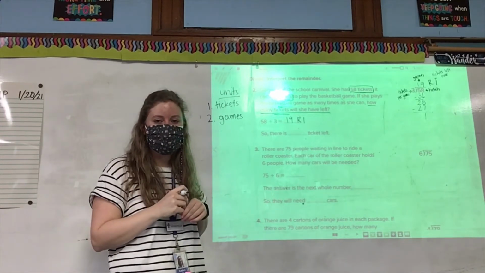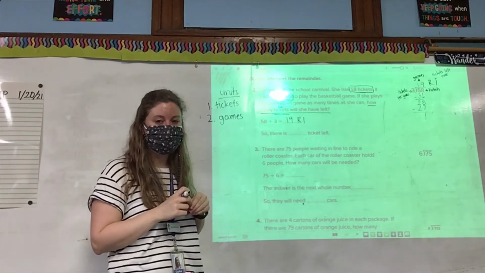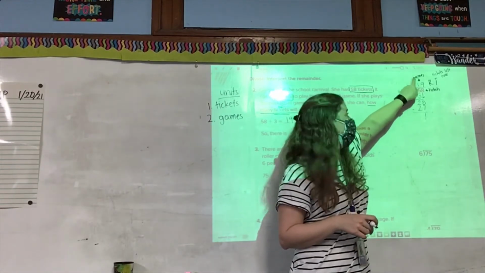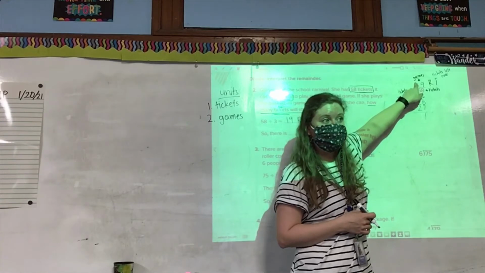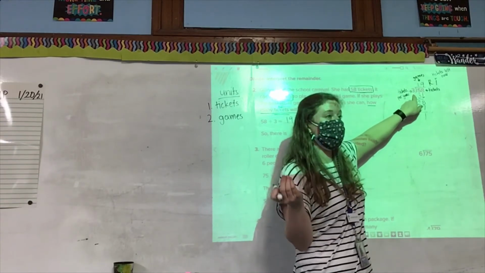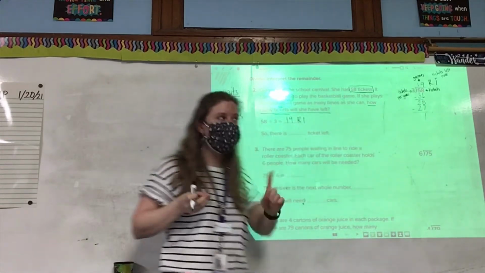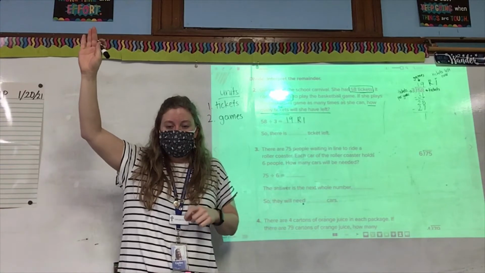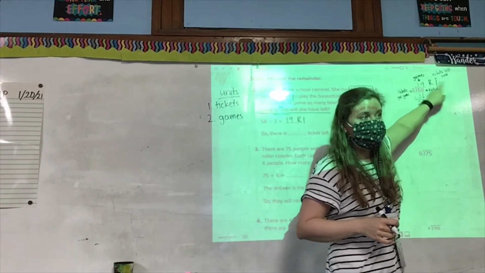How many times did she play the game? 19 times. We know the answer to the quotient was games. She gave that man running the booth 3 tickets 19 times. How many tickets did she have left over? 1, because we know the remainder is the tickets left over.